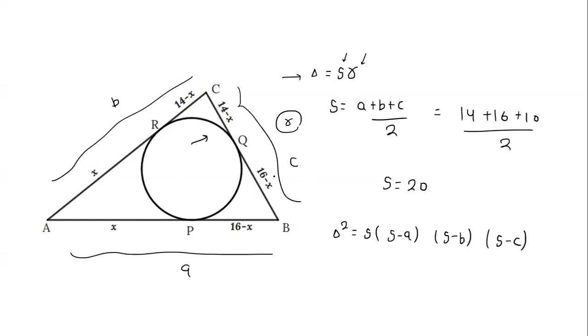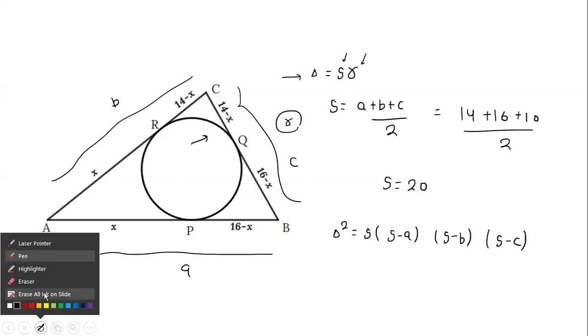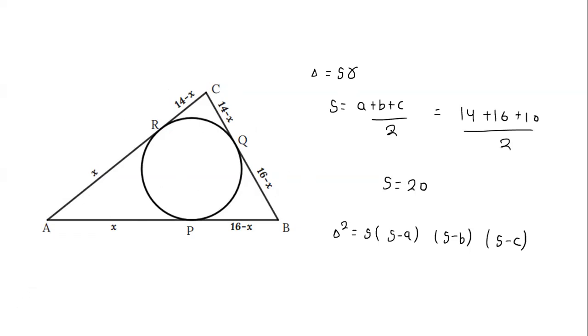The semi-perimeter will be (a plus b plus c) by 2, where one side is 14, one is 16, and one is 10. If you sum and divide by 2, the semi-perimeter is 20.